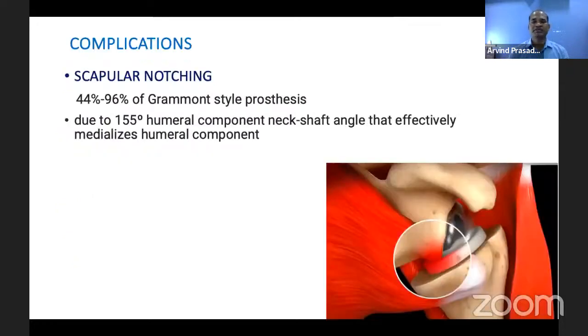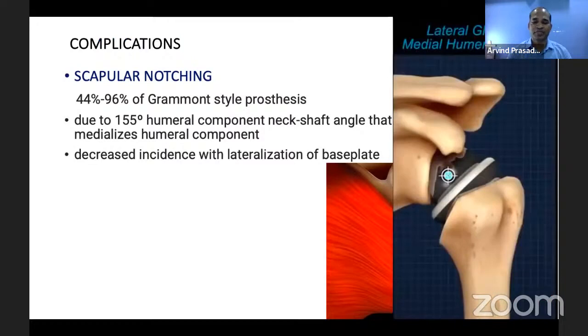About the complications, the most common is scapular notching, and it was almost in 44 to 96% of cases of the Grammont type of prosthesis. And this was mainly because the cut of the humeral head was almost at 155 degrees, so that the center of rotation is medialized effectively to get a stable joint, and that leads to scapular notching.